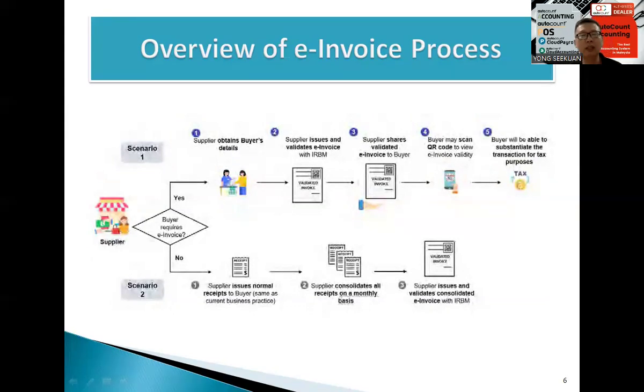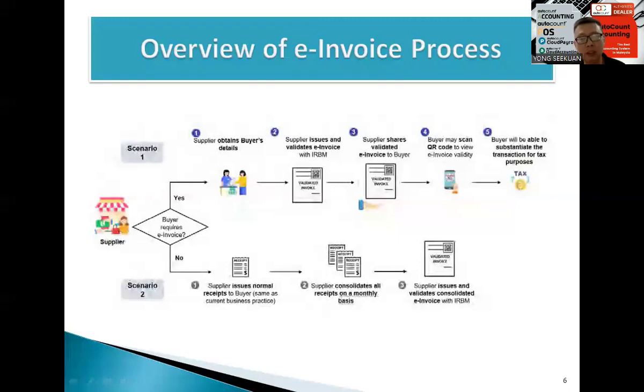Normally in scenario 1, like I sell an auto car to you, I will issue the invoice, nowadays we call it a normal invoice. Once I implement it, the invoice I give you will come with a QR code. The buyer can scan this QR code to check whether this invoice is validated by the LHDN. So this is scenario 1.